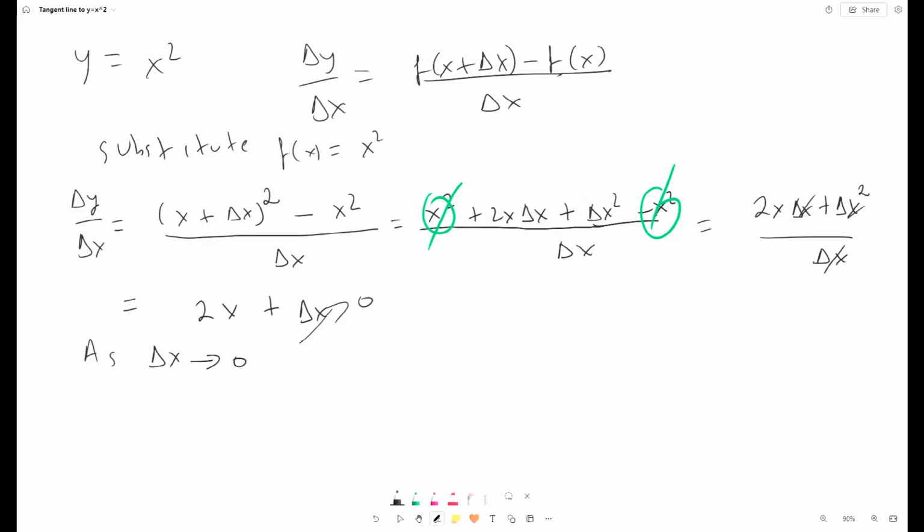That means that the slope of the tangent line is 2x.